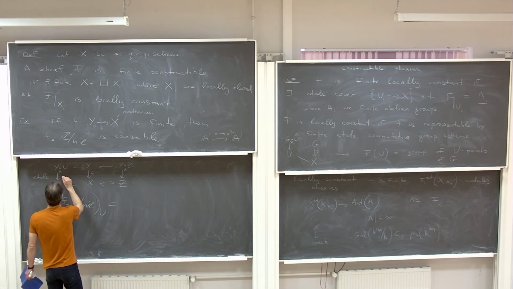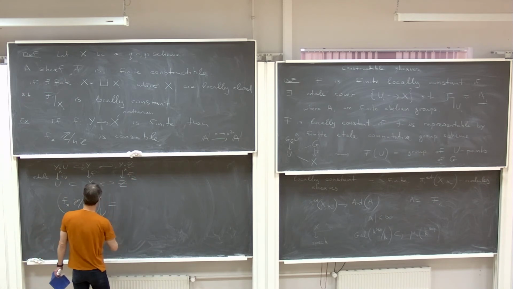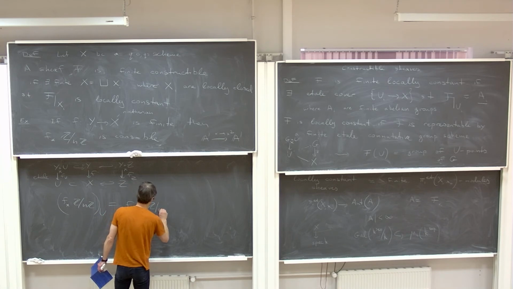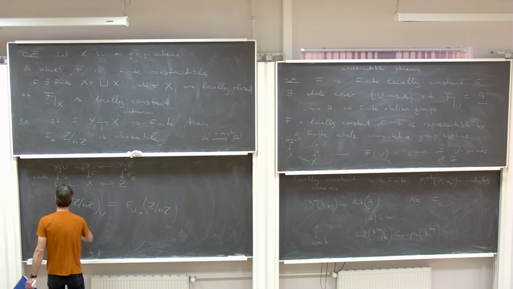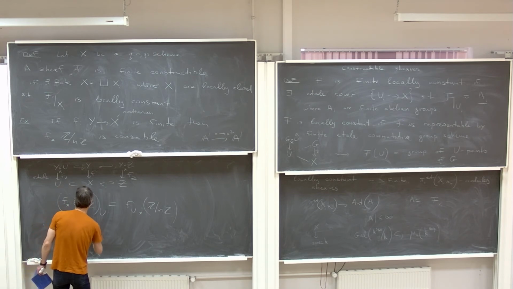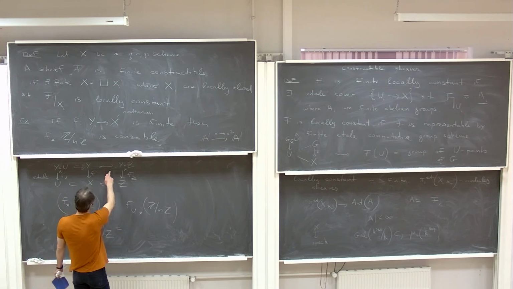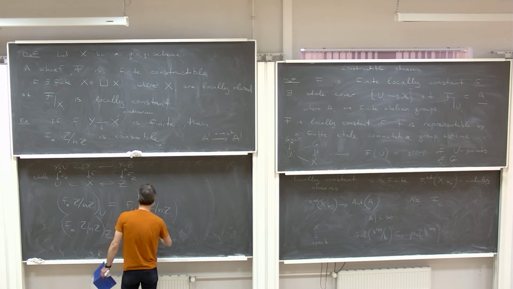Здесь у меня есть f_U, а это f_Z. И в ограничении на Z это вот это отображение f_Z нижней звездочкой.